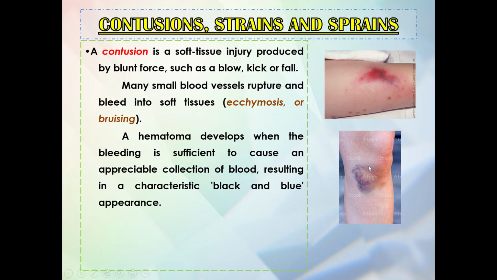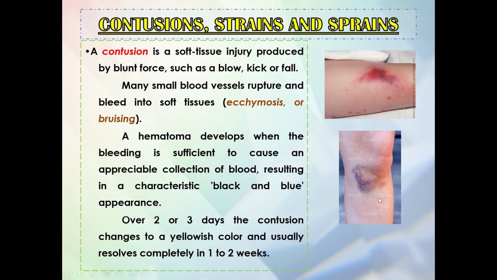So kitang-kita natin na namuo yung dugo because of the injury. So there is a hematoma and the appearance is black and blue. So there is an accumulation of blood in that injured part.